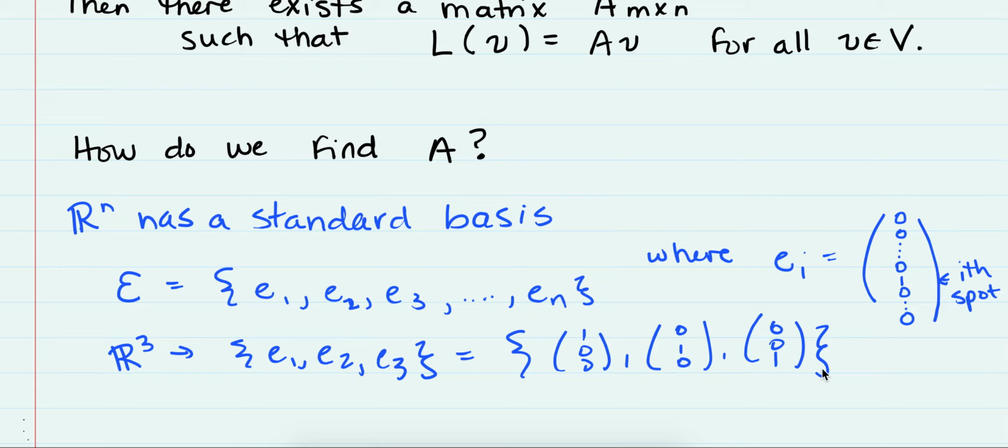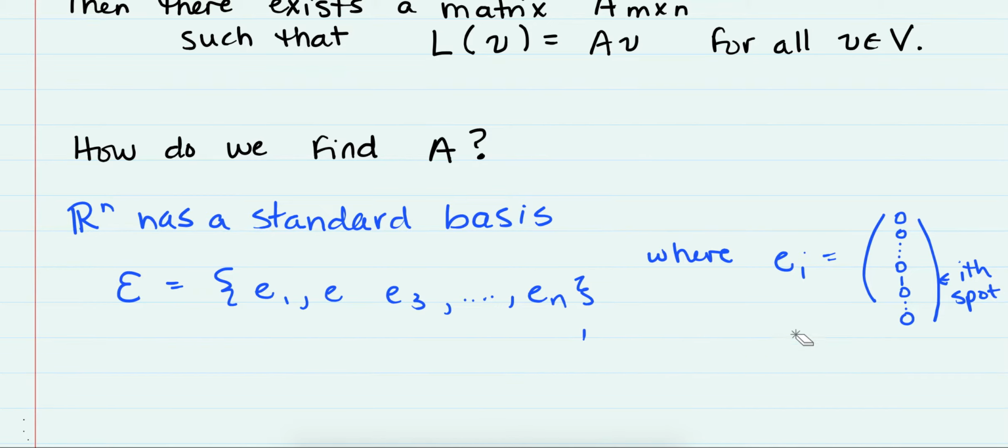So how do we find this matrix A? All we need to do is plug our standard basis vectors into our linear transformation. And what we get out will make up this matrix A. So let me write that down.